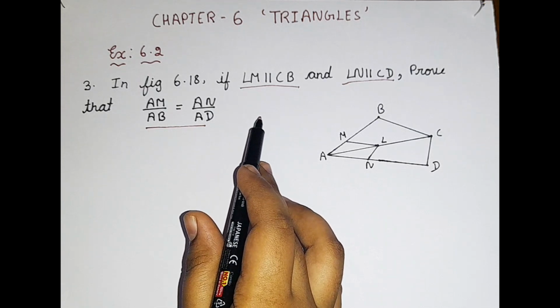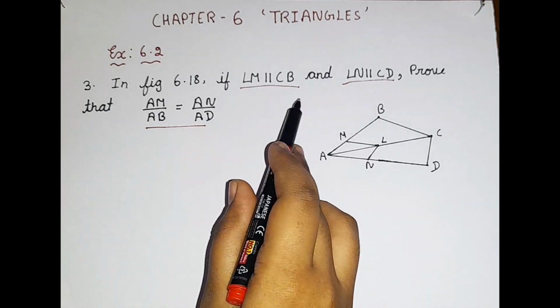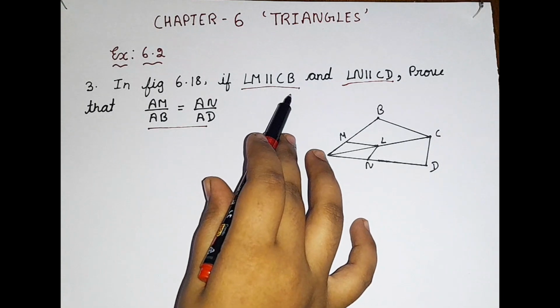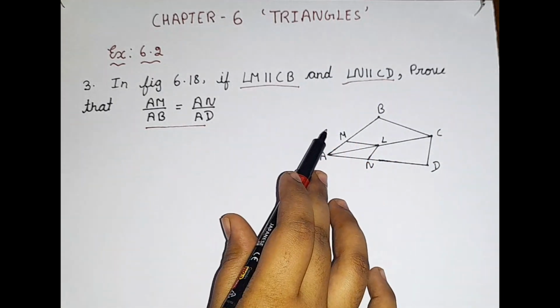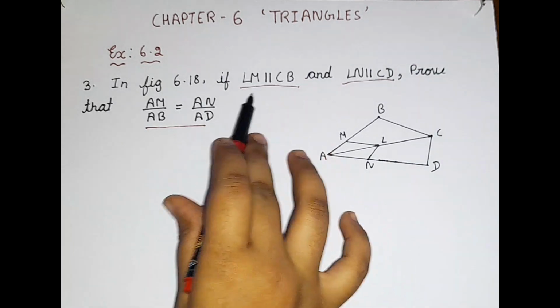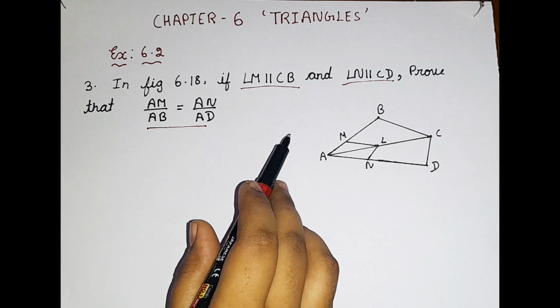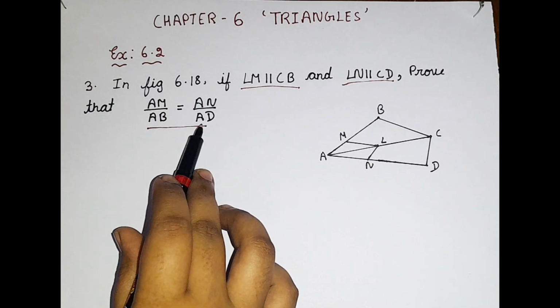So trick number 1 is, in any question, if you have something parallel to something else, for example LM is parallel to CB and LN is parallel to CD, which is given in the question, am I right? Then we are supposed to use Thales theorem. Trick number 2 is AM by AB is equal to AN by AD.